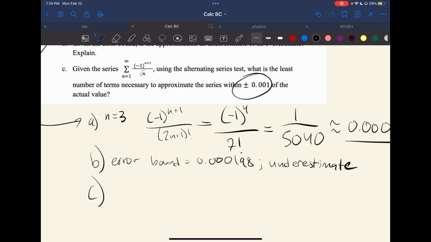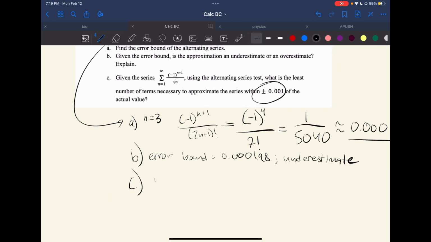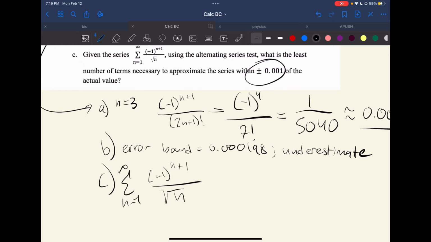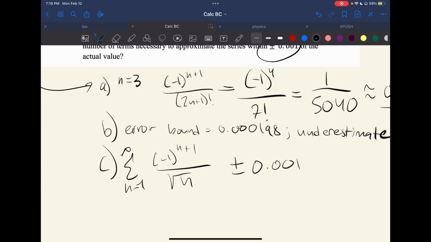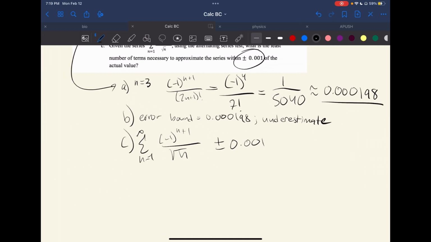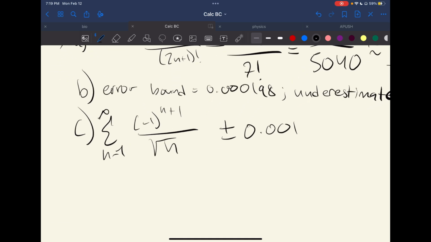Given the series, and then they gave us a different series, the sum from n equals 1 of negative 1 to the n plus 1 over root n. Using the alternating series test, what is the least number of terms necessary to approximate the series within plus or minus 0.001 of the actual value, okay? So again, like what I said about the last one, you're going to use the first omitted term in the series to find the error bound, right?